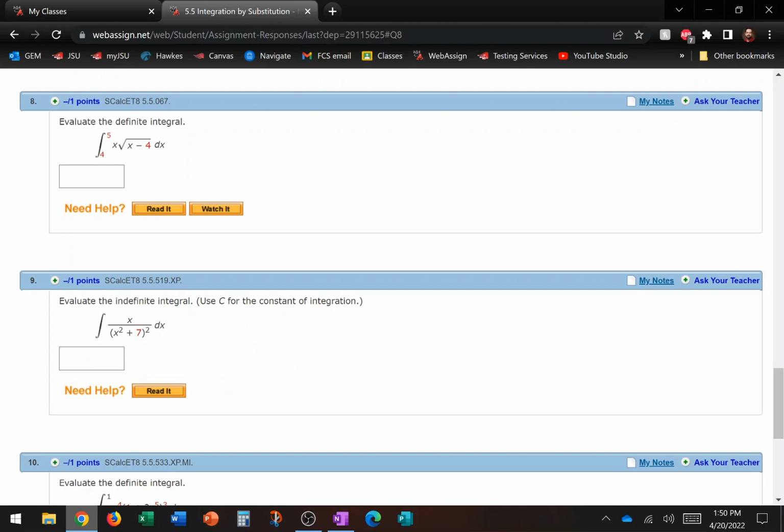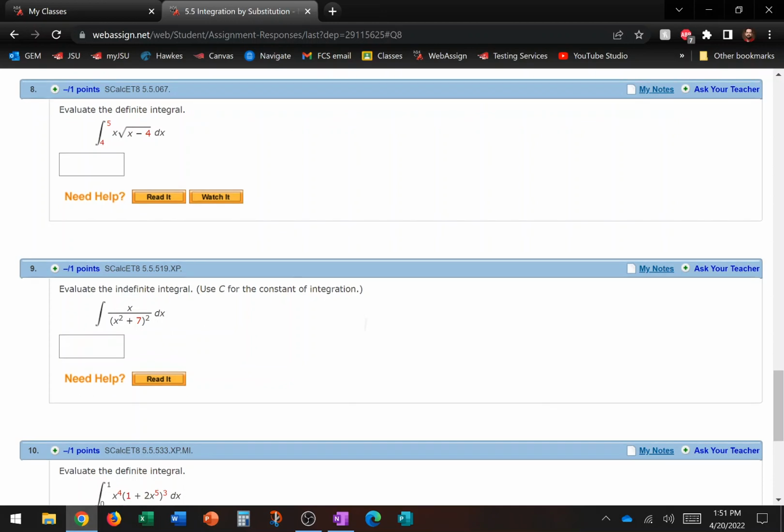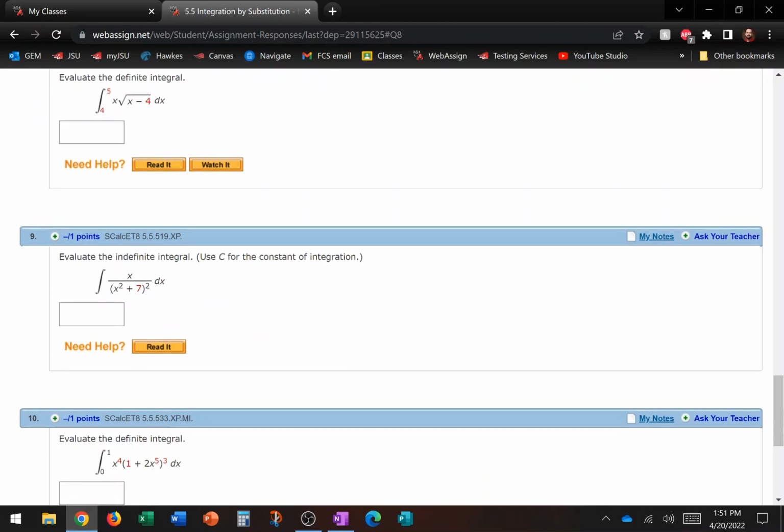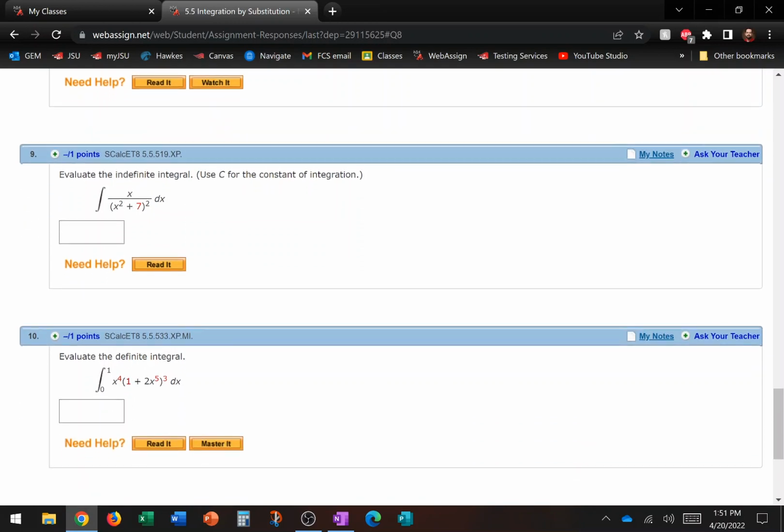And then 9 is not bad. You get x squared plus whatever number you got, and then you'll get 2x dx. That's just natural log. Then on 10, it's just regular as well, because you'll get 10x to the 4th dx, and you just bring a constant factor 1/10 up front. It's okay.